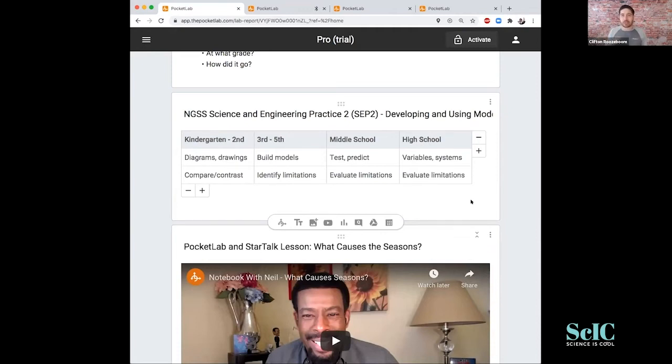And then in middle school and high school, your models get more complex, but it's in the standard to evaluate the limitations of these models. So going back to that quote that I mentioned from George Box, that all models are wrong, some are useful, from the time that our students are third grade, we're supposed to be emphasizing that first part, that these models are wrong and we need to understand how they're wrong.